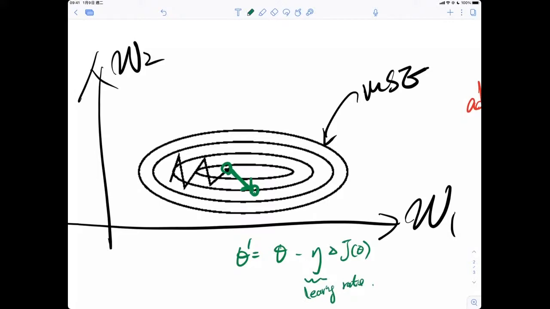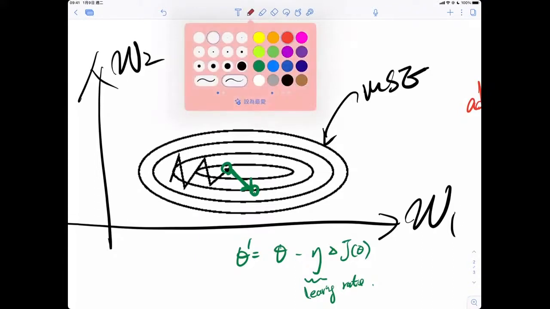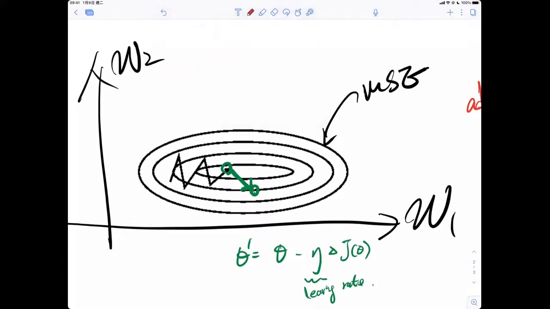So at the end of your iteration, usually we can find such a situation. When you approach the lowest MSE value, maybe you don't need such a big learning rate.